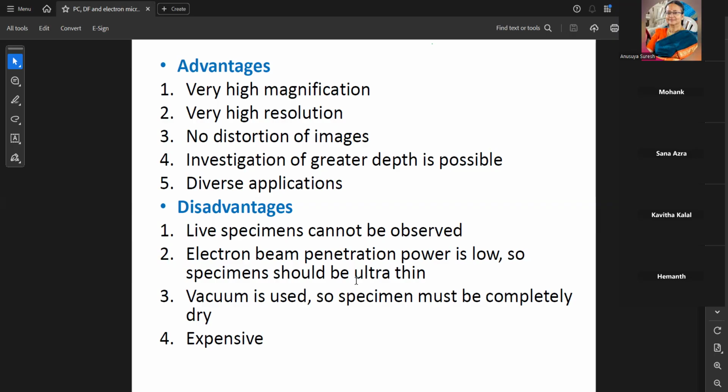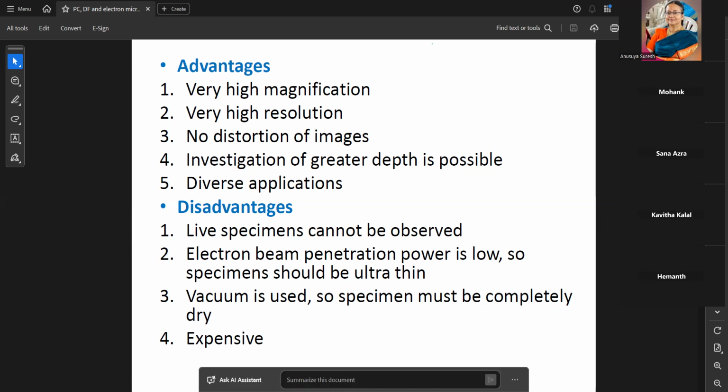But the functioning of the electron microscope is complicated. So you need highly skilled technicians. They should have studied something, they should be educated. And to train them also requires effort and time. So overall, electron microscopy is an expensive method of microscopy.